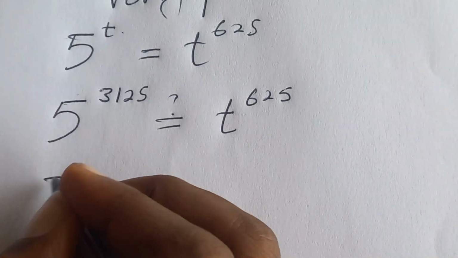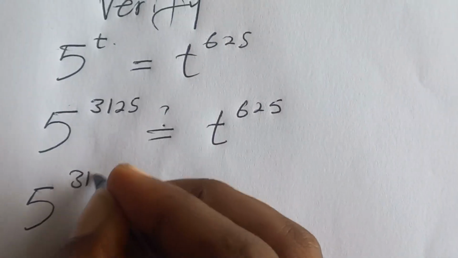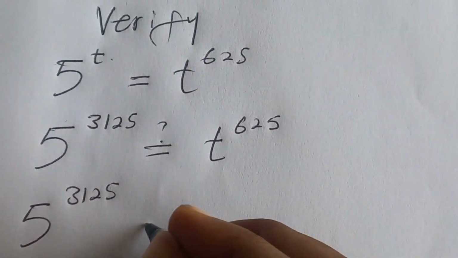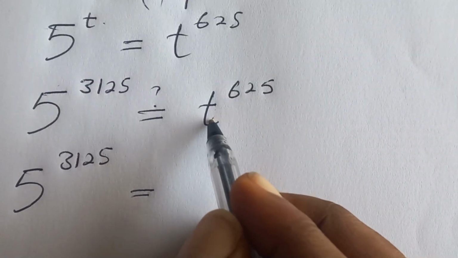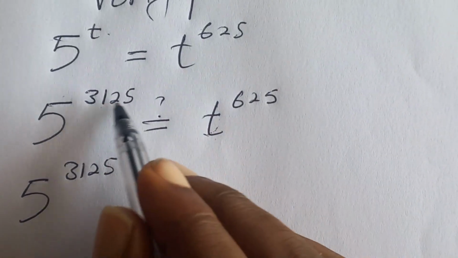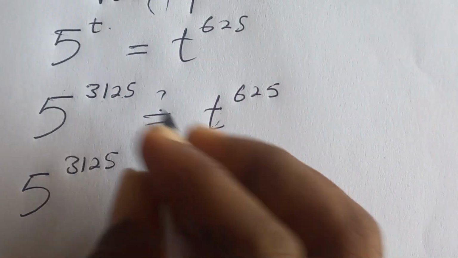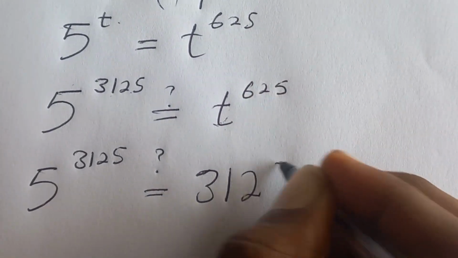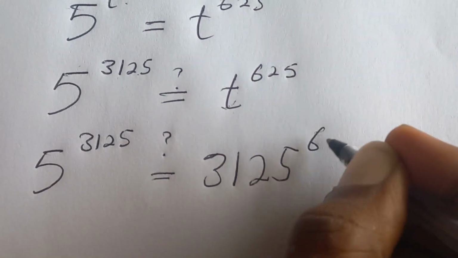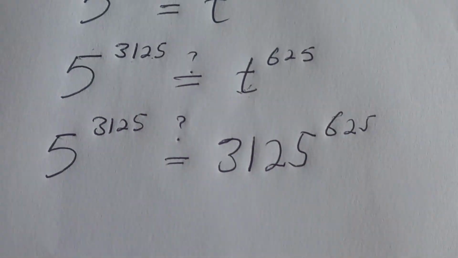Now don't forget that our t is 3125, so let's replace it. So 3125 exponent 625 like this.